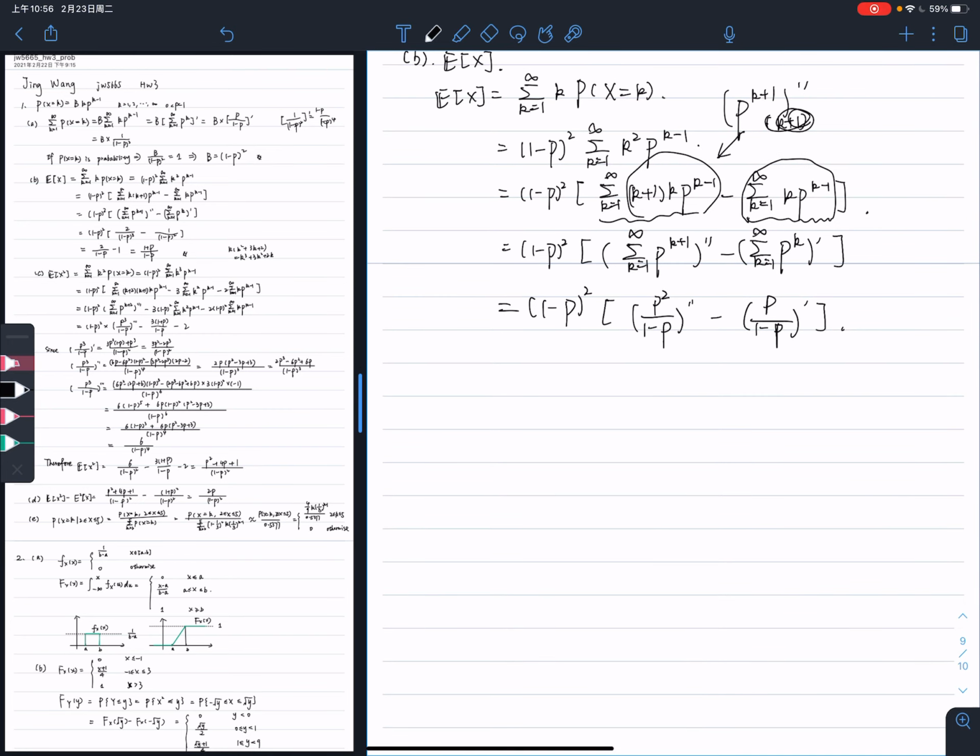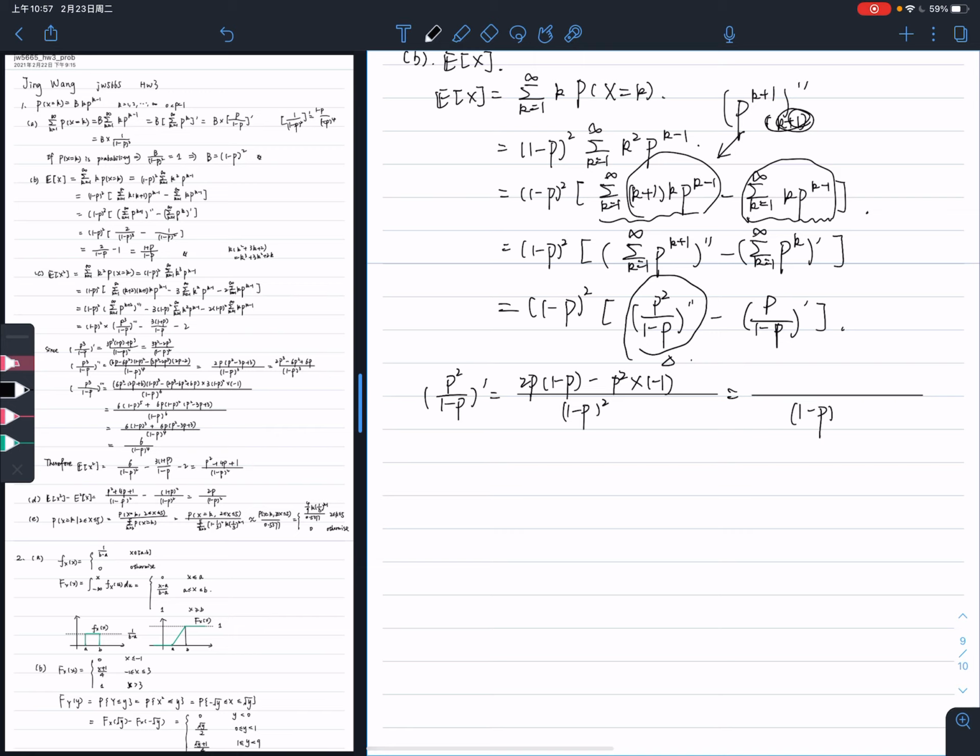Firstly, we want to know the value of this part. The gradient of p squared over 1 minus p is: the gradient of p squared is 2p times (1 minus p), minus p squared times minus 1, over (1 minus p) squared.